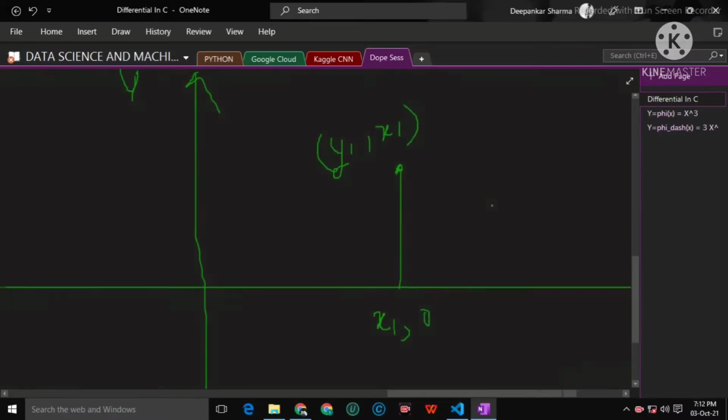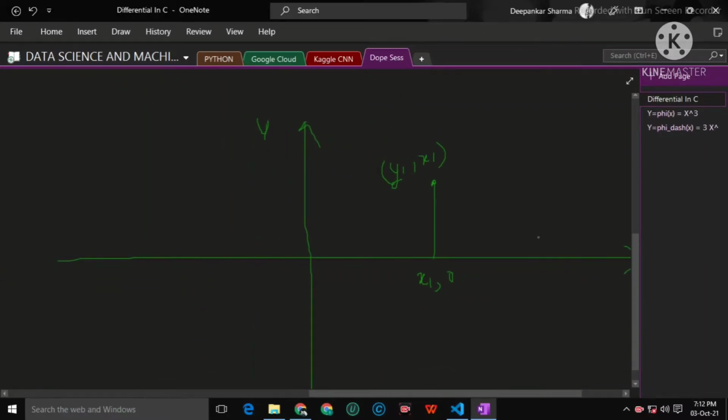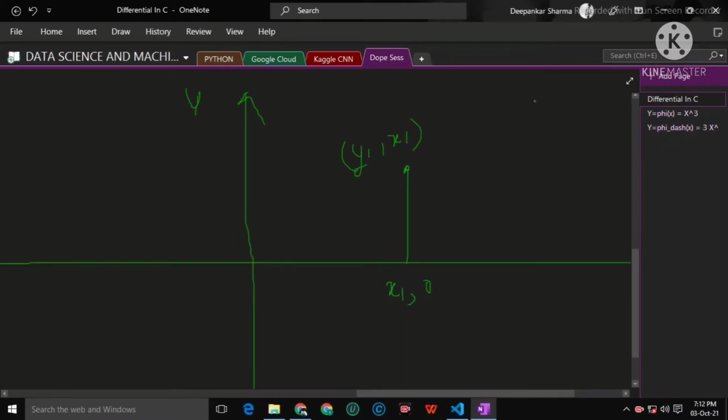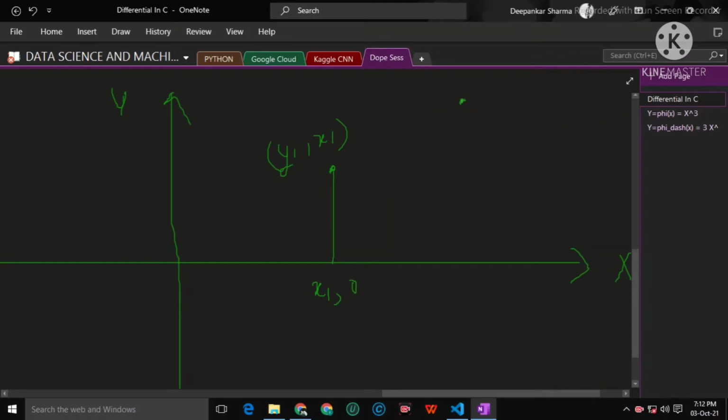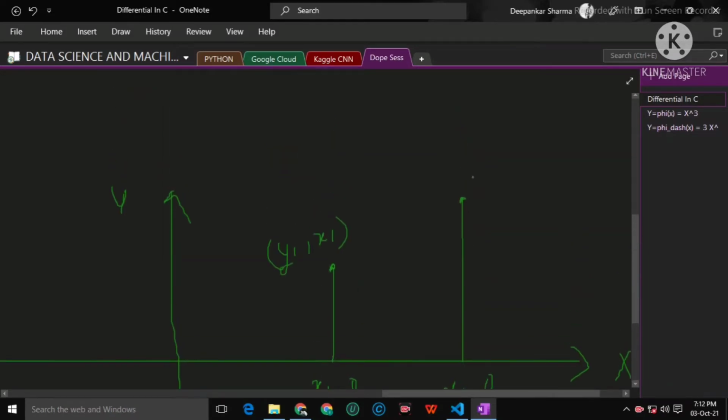Sorry, we usually write it like x1 y1, but I wrote it y1 x1. Now we have another point at x2 on the x-axis, so it will be y2 x2 or x2 y2. Now I'm going to create a triangle. Bad drawing, but this is the triangle we are talking about.